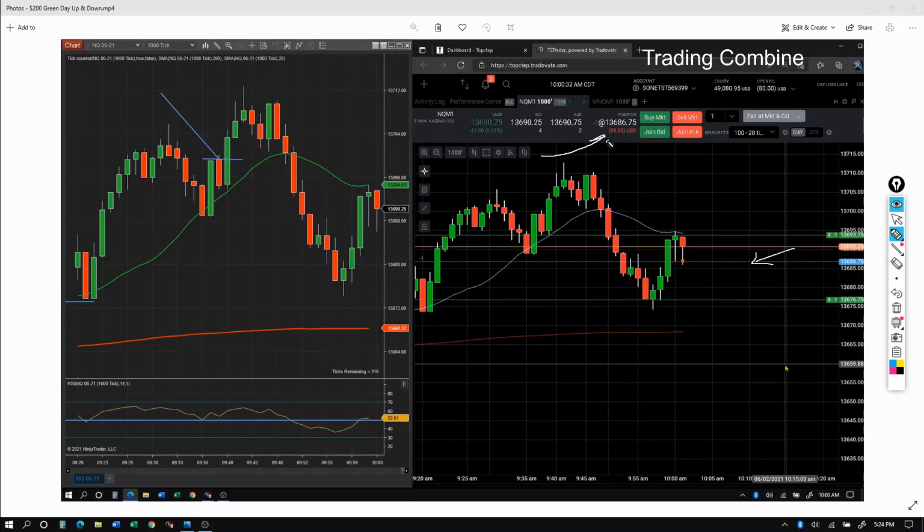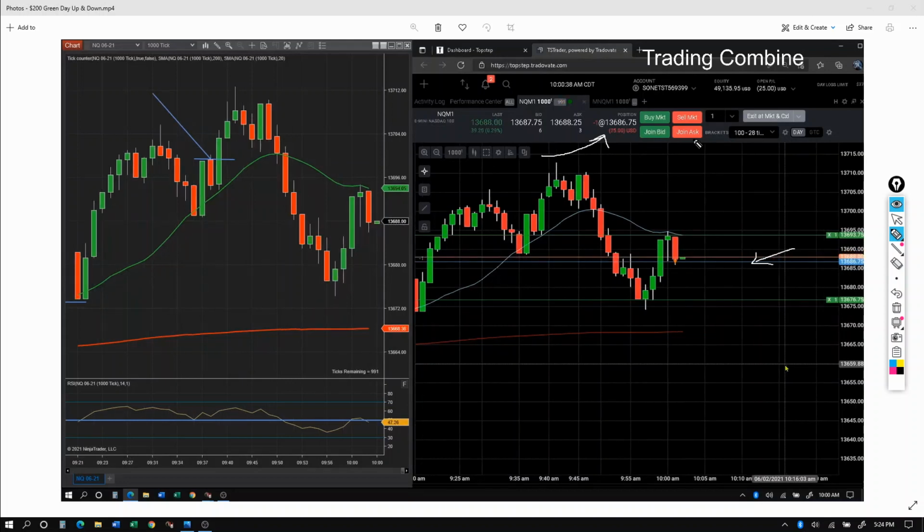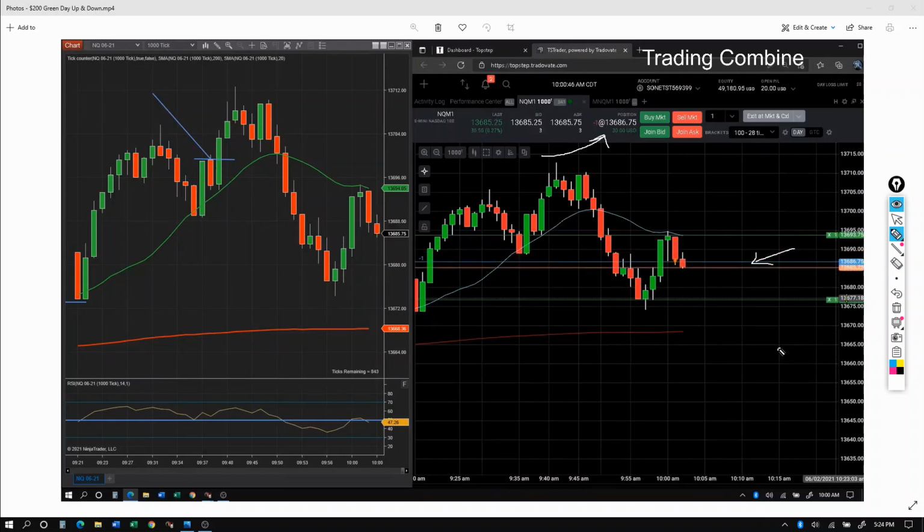And right here is where you can see the fluctuation in profit. Okay, so it's approaching my profit target.